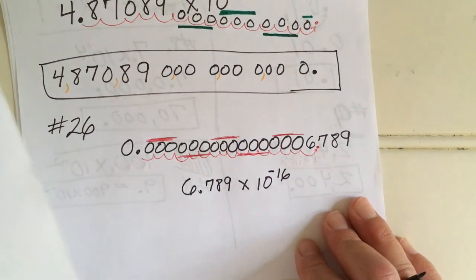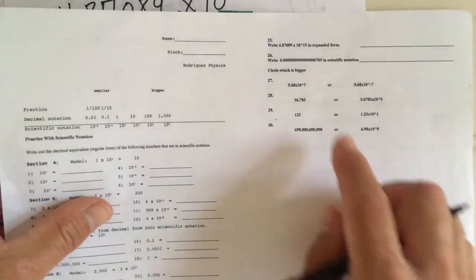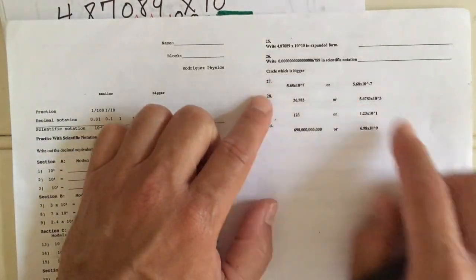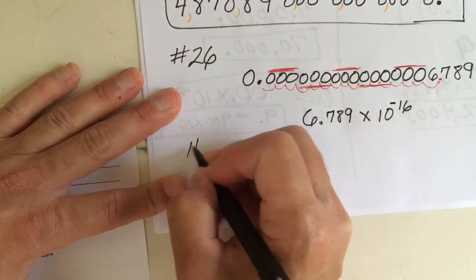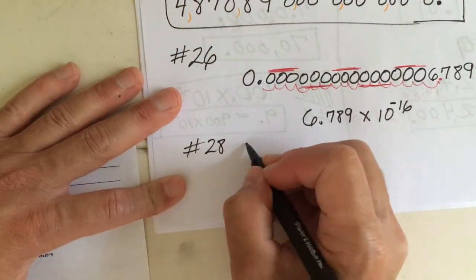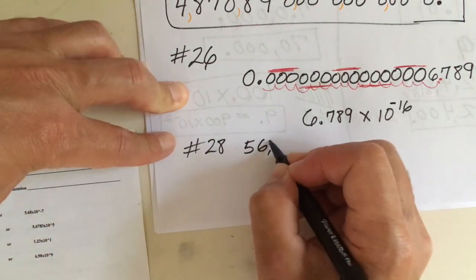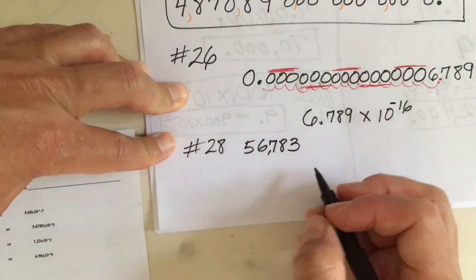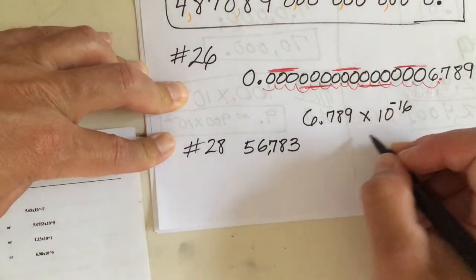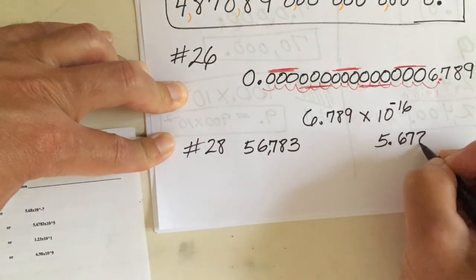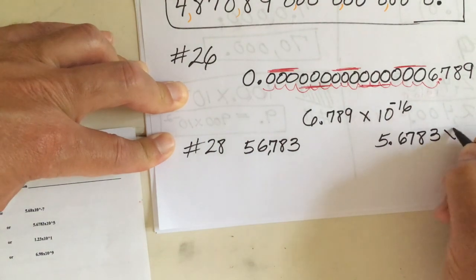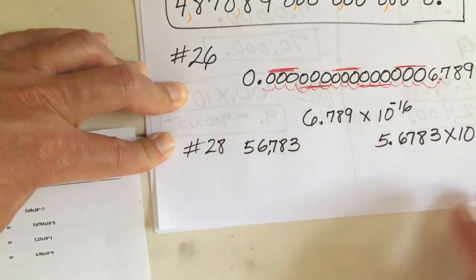All right, so finally, number 28. 28 says circle which is bigger, and on 28 we're given a choice, 56,783, or 5.6783 times 10 to the 5th.